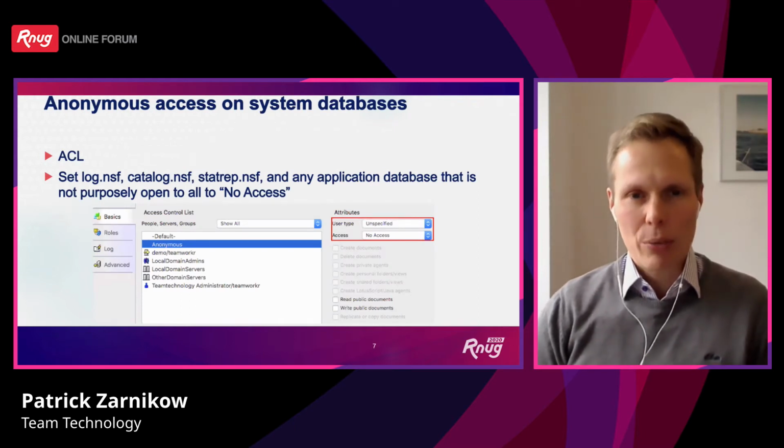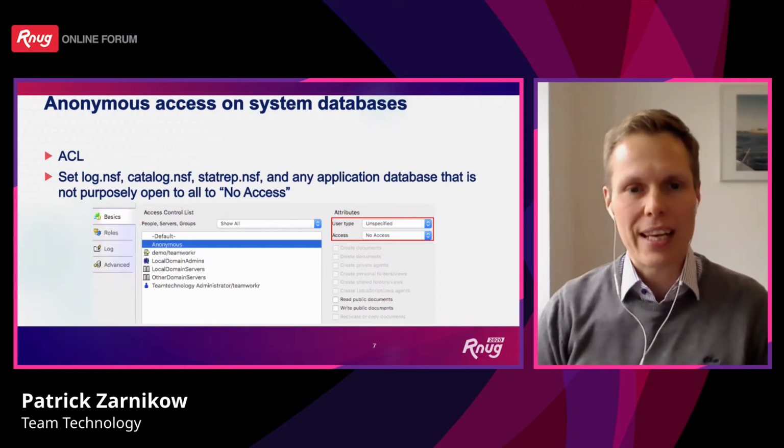When we take a look at anonymous access on system databases, we take a look at the ACL first. We should always have a setting for the default user and the anonymous user.